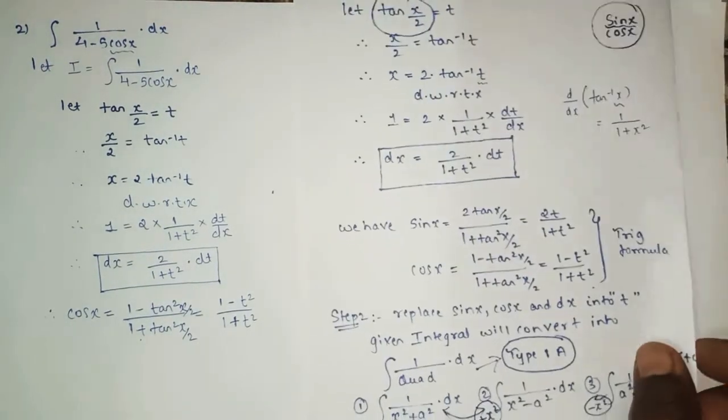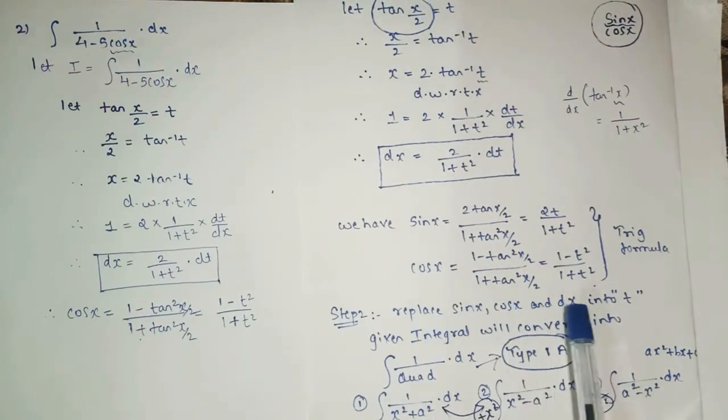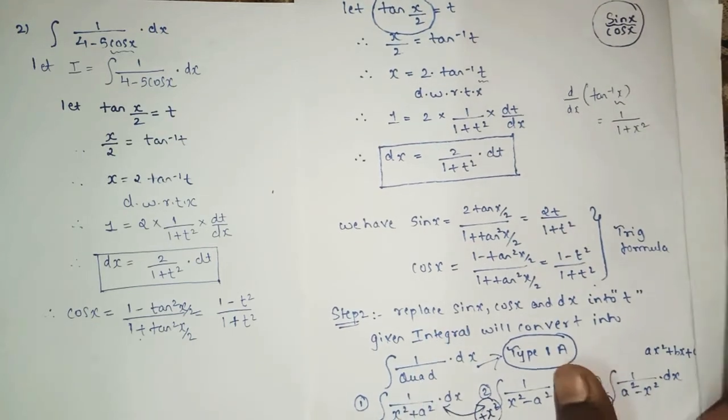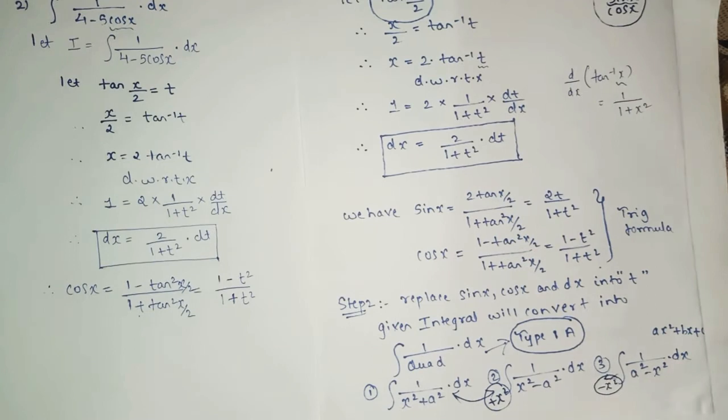Now step number 2 is that we have to replace sin x, cos x and dx into t. So the given integral will convert into integration 1 upon quadratic form. So let's replace now.